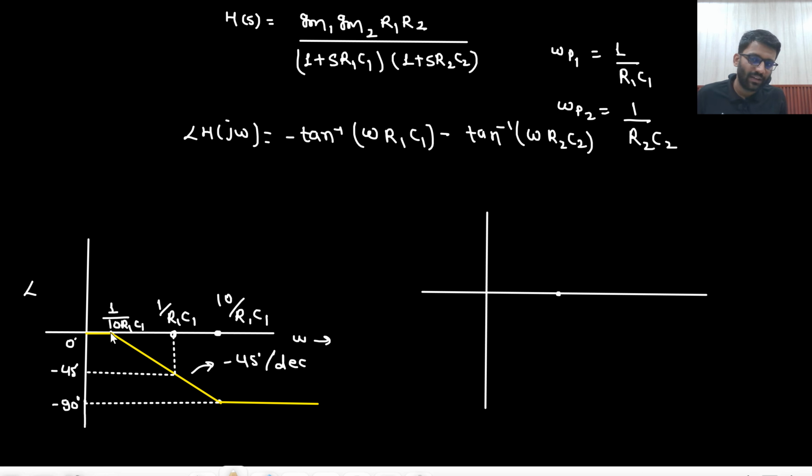You can see here as well, from 0 to minus 45 degree, 10 times increase. From here as well, 0 to minus 45 to minus 90 degree, 10 times increase. Same goes for this one, exactly the same. First you will see your pole, then 10 times lesser, and then 10 times more.